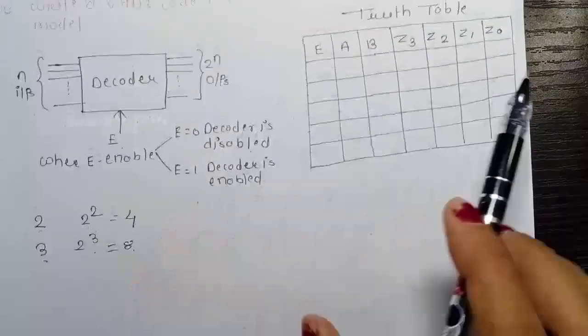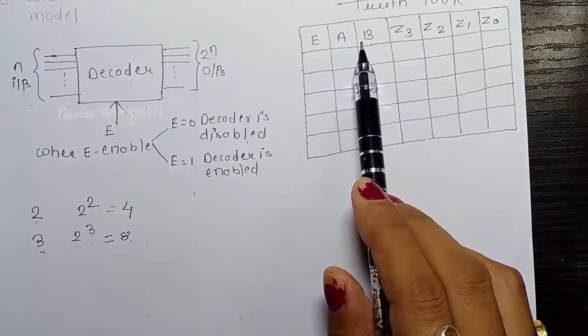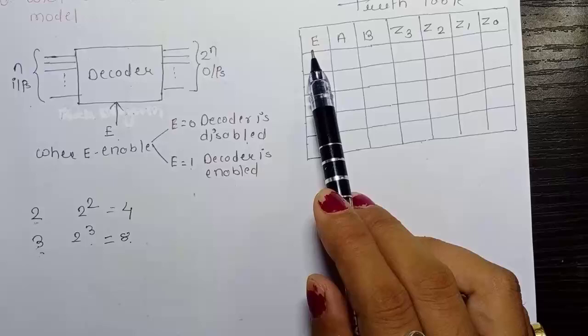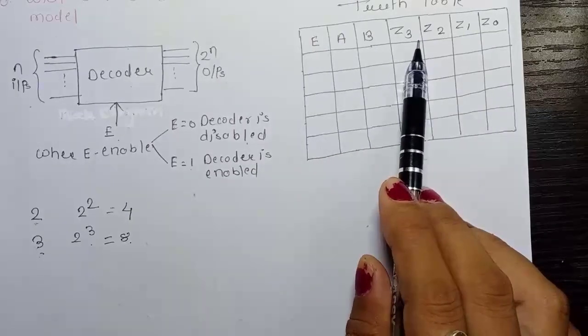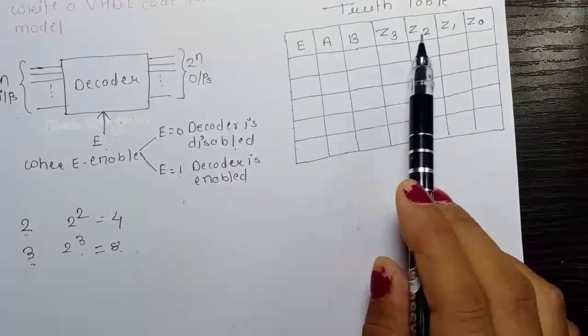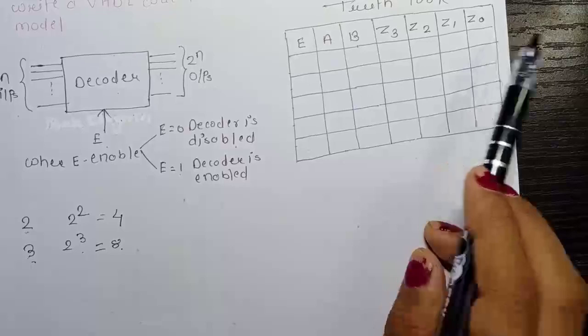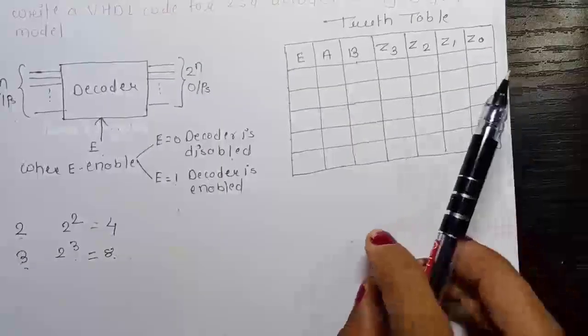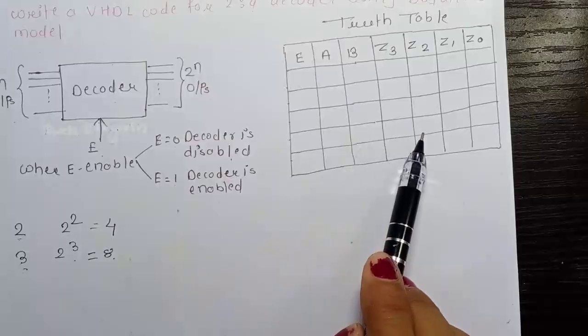So it is 2:4 decoder, that is 2 inputs and 4 outputs. So I am taking A and B as input. Before that I am considering enable, and I am taking output as Z, that is Z3, Z2, Z1 and Z0, because there are 4 outputs. So this is the truth table that you have to maintain for 2:4 decoder.